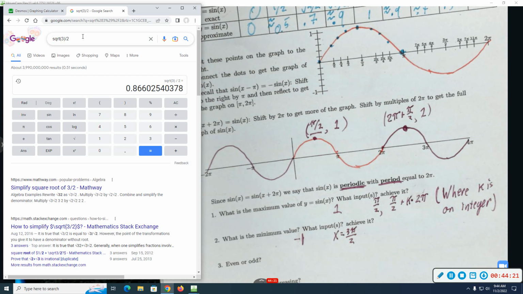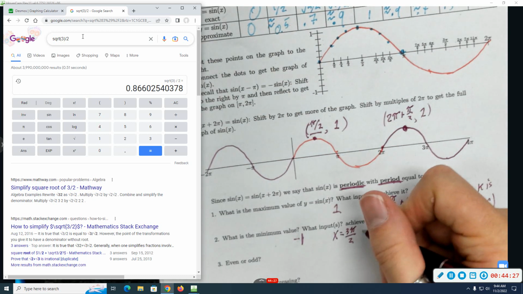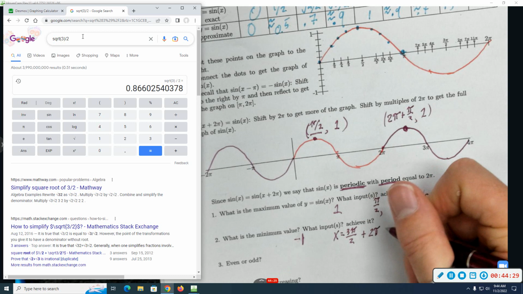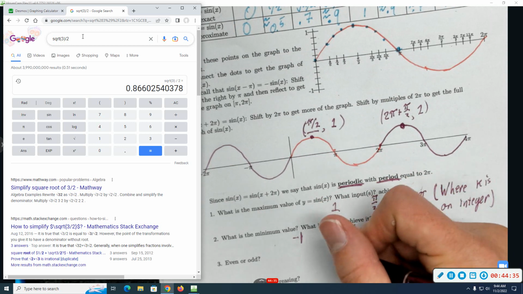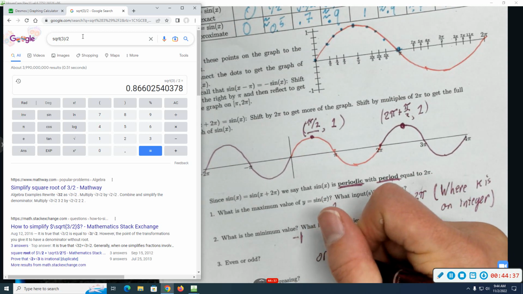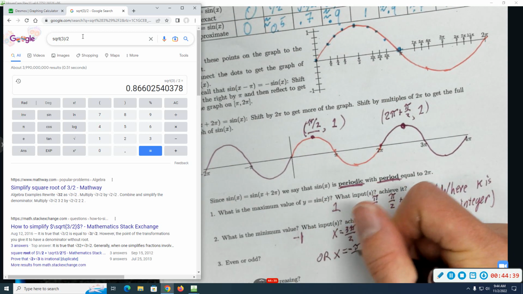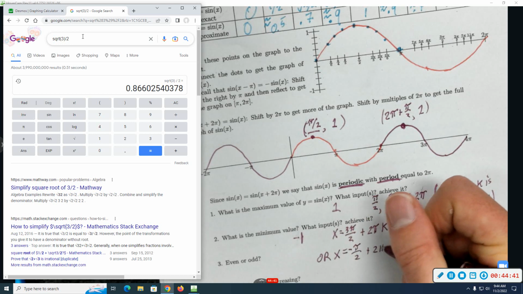Because negative pi over 2 is 3 pi over 2, but then shifted left by 2 pi. There are all of the x values that produce the minimum. And notice, you would be just as right if you said x equal to negative pi over 2 plus 2 pi k.